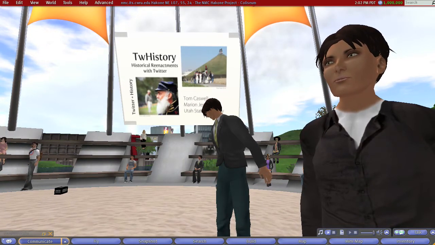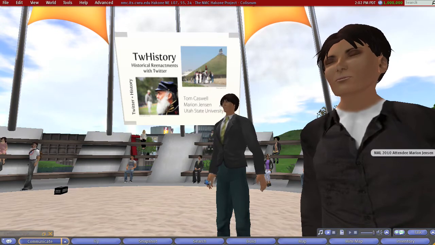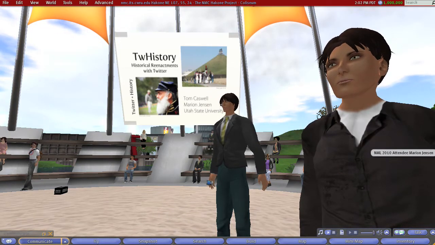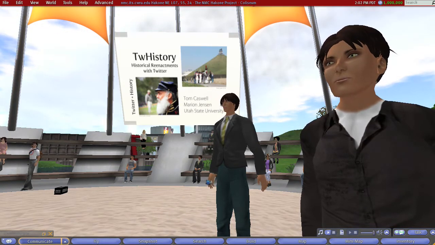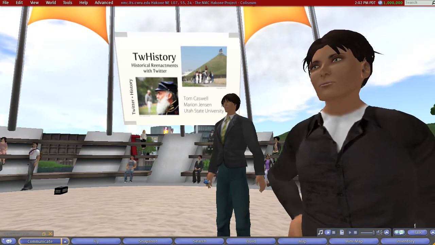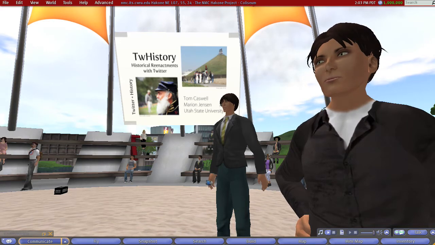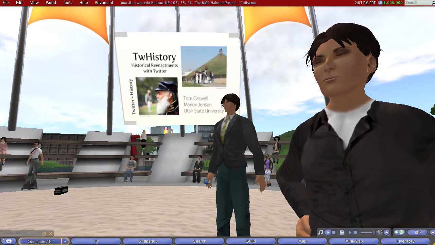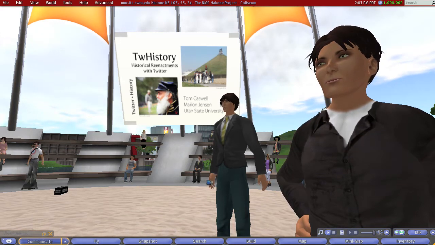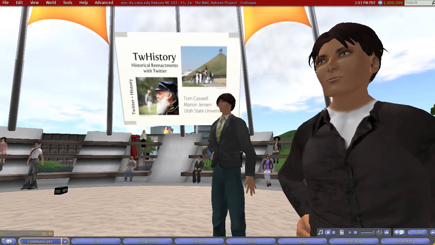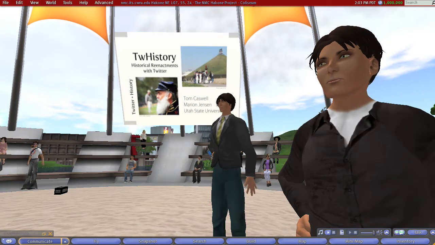And it was a pleasure to meet Tom a couple months ago when we had that meeting in Barcelona and getting to know his work. Both Tom and Marion have been part of a lot of the open courseware initiatives that have gone on out of Utah. And they're obviously doing a lot of innovative work here with this project. And with that, I'm going to let you guys tell us a little bit about TwHistory.